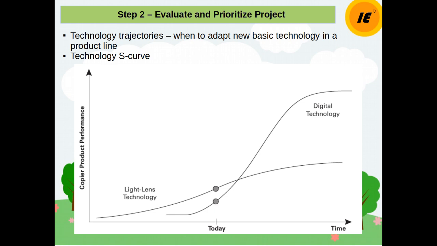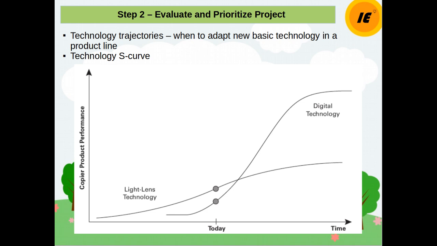And the question is when to stop or reduce using light lens technology in the product, and when to start adopting the digital technology, because new technology always takes time and effort and money also. So that's important, and that depends on a lot of interesting factors.